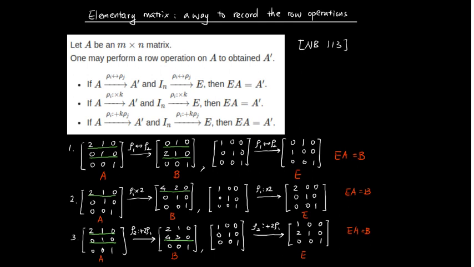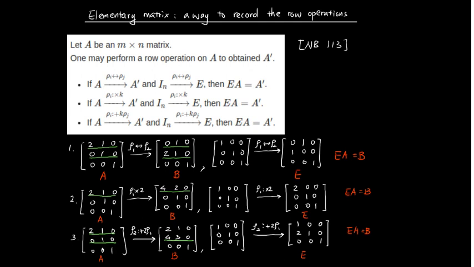So this is the matrix A, this is the matrix B, and B is obtained from A by swapping the rows. So this swapping of rows 1 and 2 is also applied to the identity matrix. We choose the same action and apply it to the identity matrix.